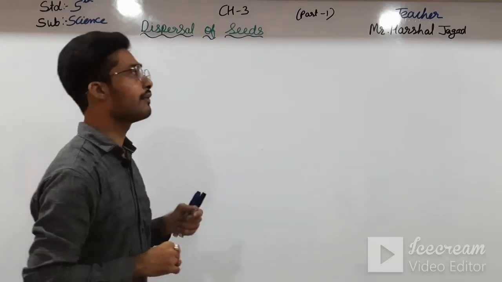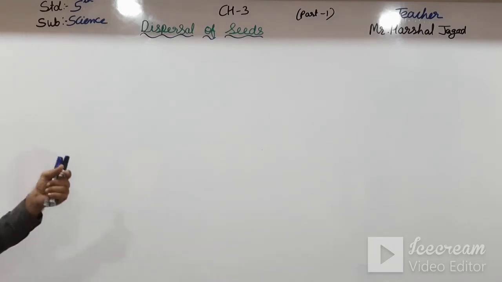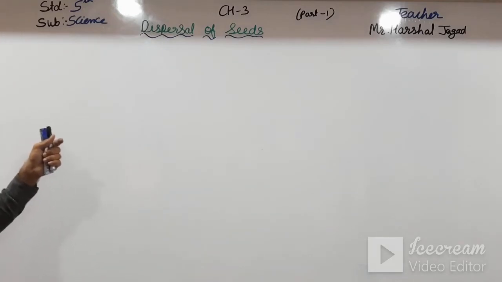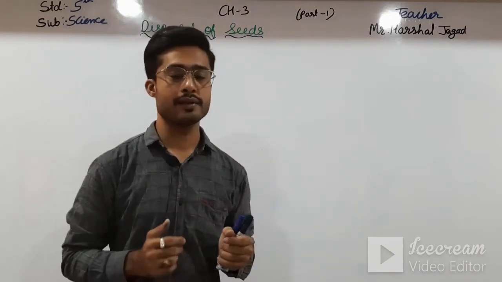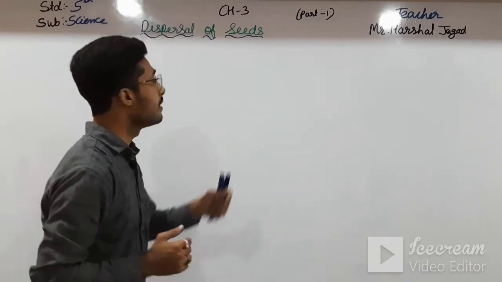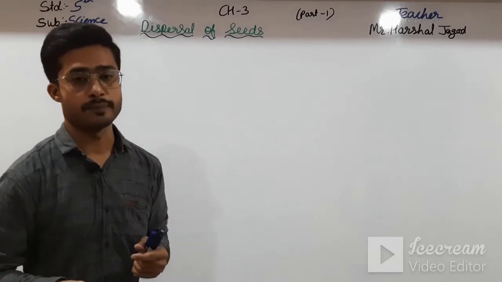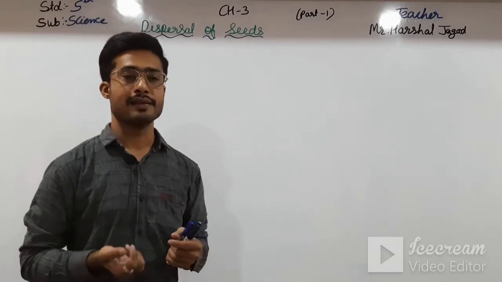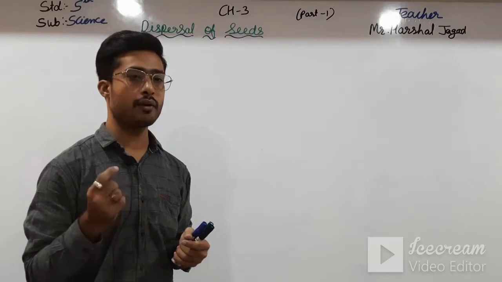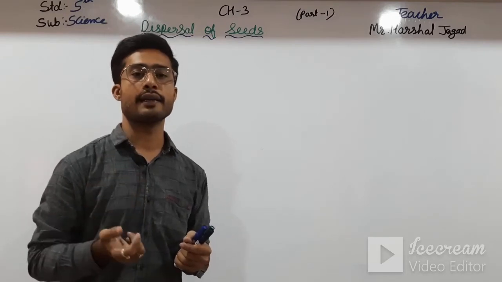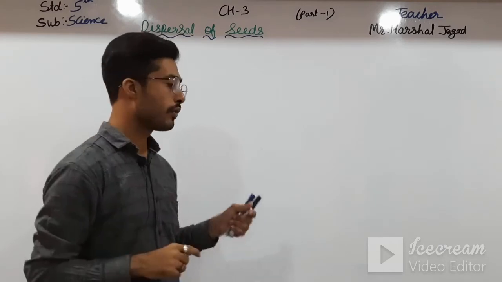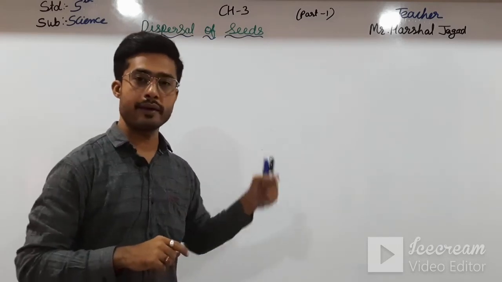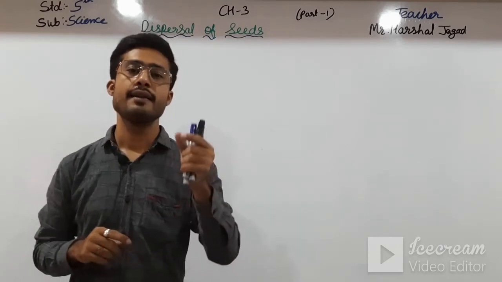Now we are starting our new chapter, chapter number 3, dispersal of seeds. First of all I would like to discuss seeds. What are seeds? Seeds means, in Gujarati, bee. If we want to grow a plant or a tree, what do we need? We need a seed.